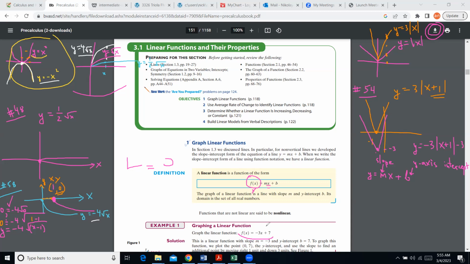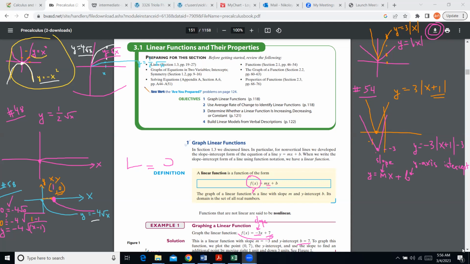So, for example, here on the page, example 1, they say that the slope of this line is -3. Whatever is multiplied by x is called slope, and 7 is the intersection with the y-axis, or y-intercept. They like to call it b, the y-intercept.